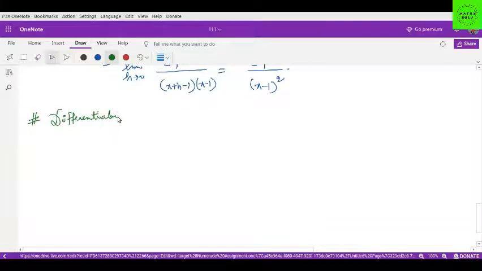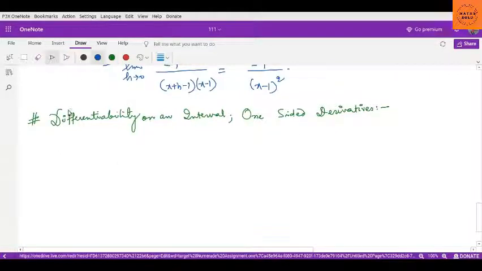differentiability on an interval, one-sided derivatives.